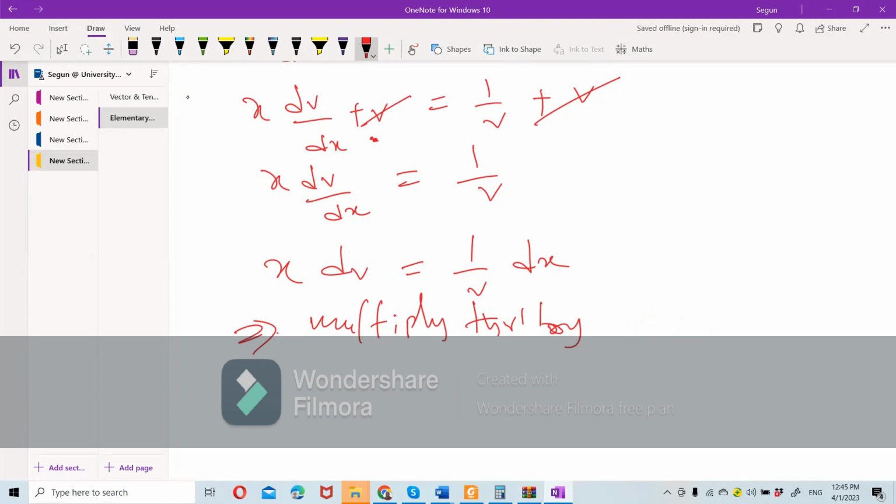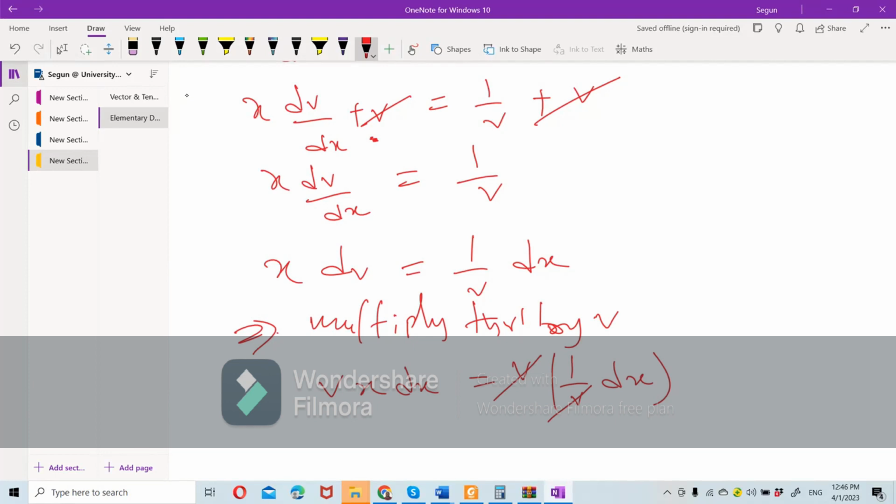Let's say we multiply through by v and see how we can divide through by x. So we have vx dx equals v into 1 over v dx. This goes with this.